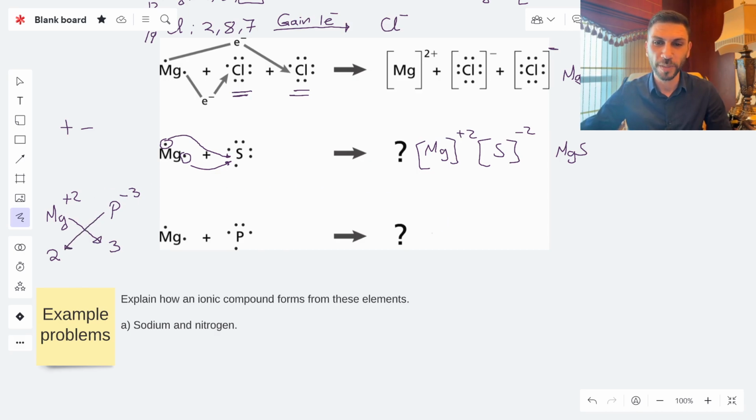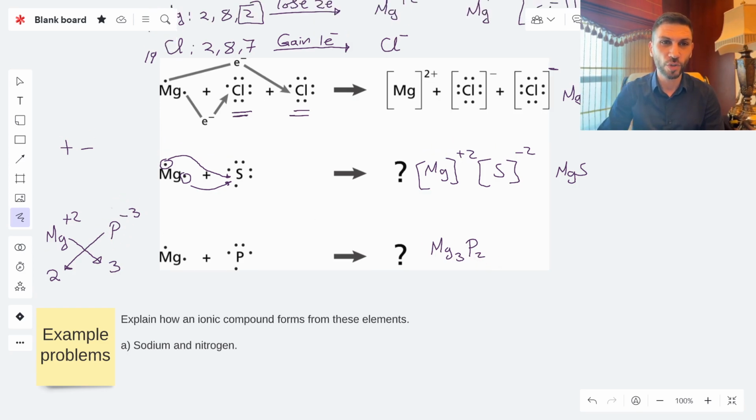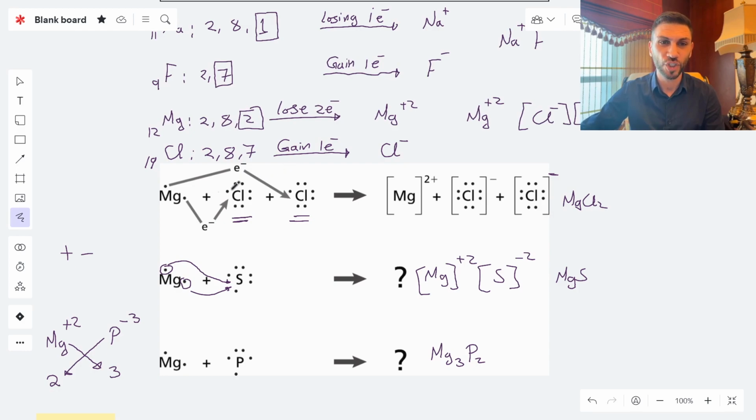And the compound should be Mg3P2. And we need to have the simplest ratio. For example, if we have here 6 and 3, if you divide it by 2, it's going to be 3 and 2. Let's implement this on the first example about MgCl.